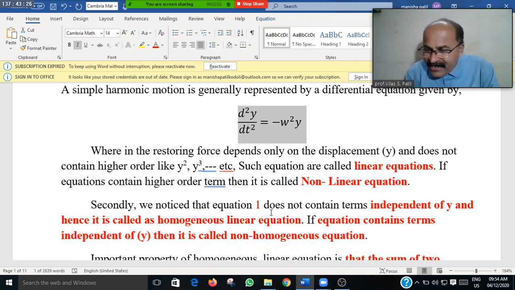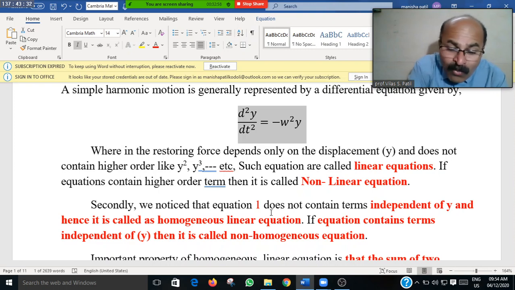Next line, please read it. If the equation contains terms dependent on y, then it is known as homogeneous. Which is non-homogeneous?